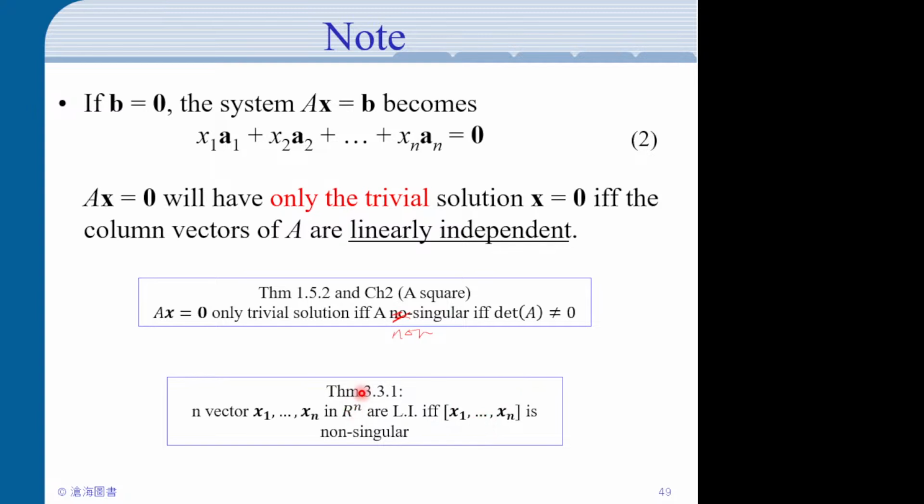So in 3.3.1, we say that we have n vectors in Rn, x1 to xn, and they are linearly independent if and only if the matrix you form by listing them together is non-singular.